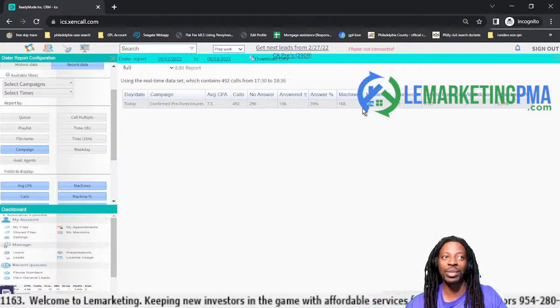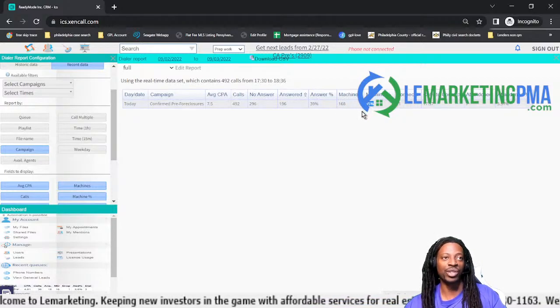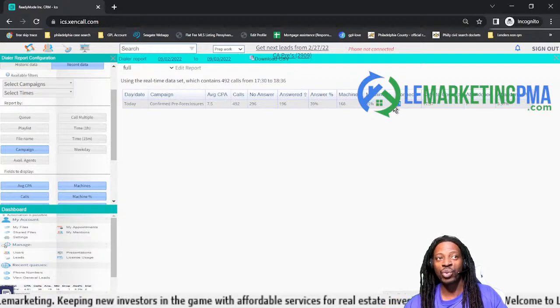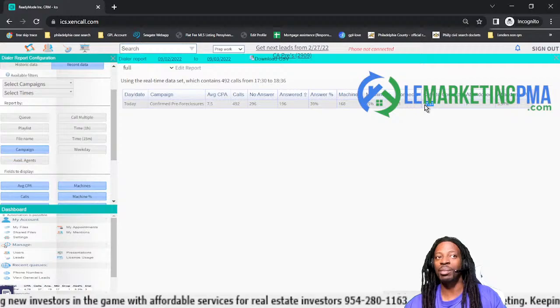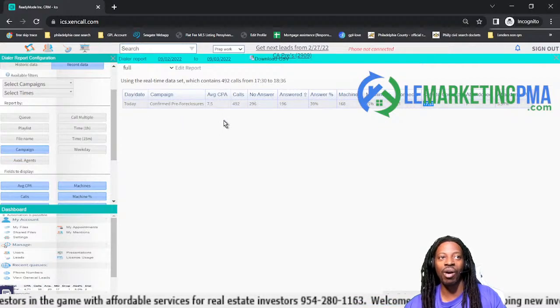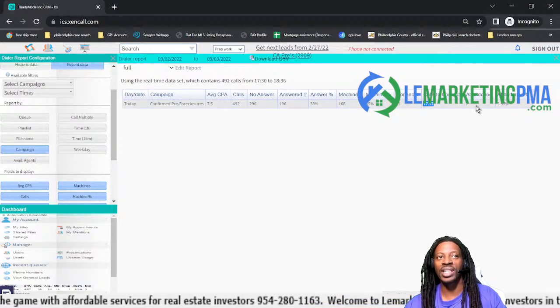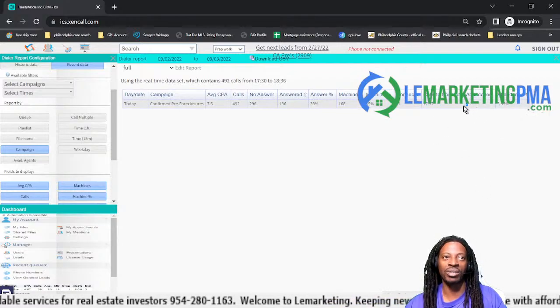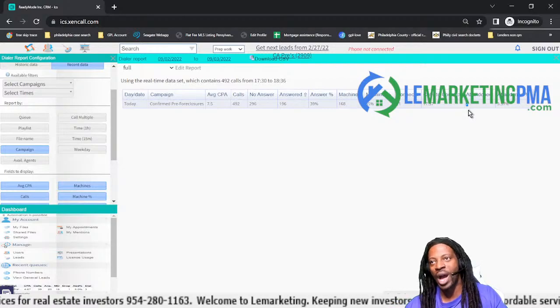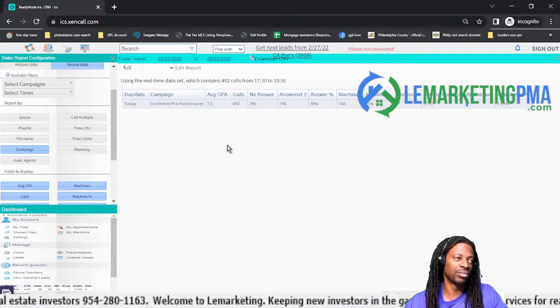That's 85% of the answered calls. That leaves 21 connected calls to people. So basically it's taking me 17 of these type of calls to get to a connected call. We had 7 abandoned calls throughout that whole time. 7 calls got dropped before it could get to the agent.